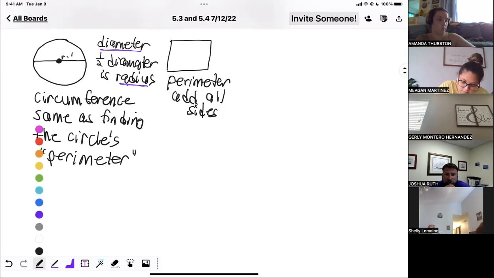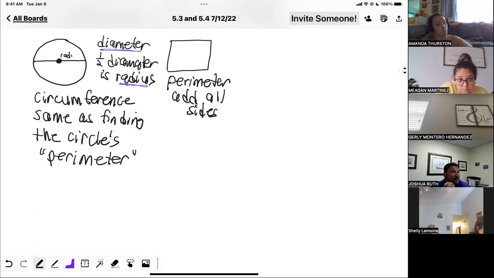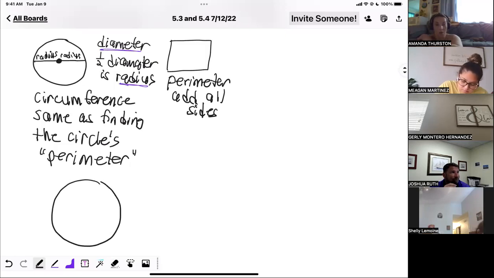I can't write that small. Radius. And that is also a radius. So a diameter is all the way through and a radius becomes half of it. So there's two of them. So let's try this again. That's the radius of a circle.